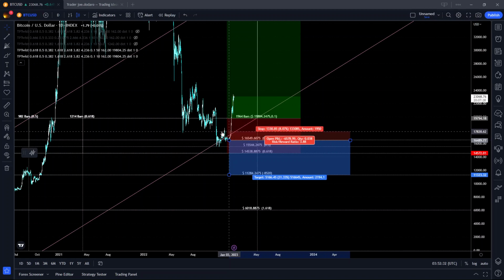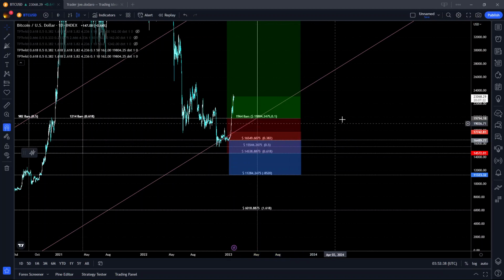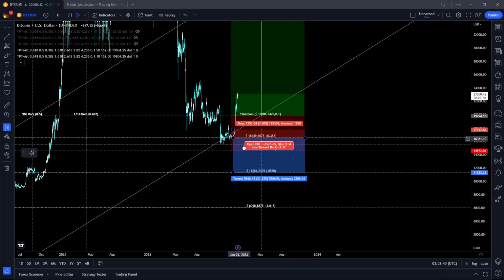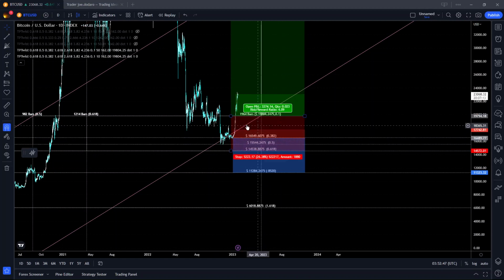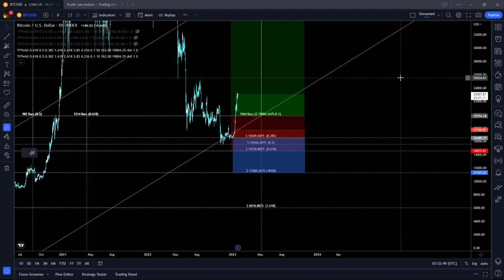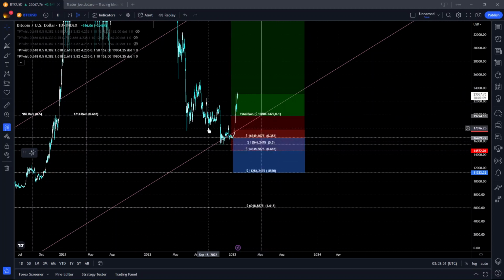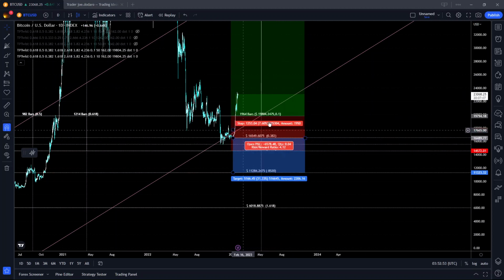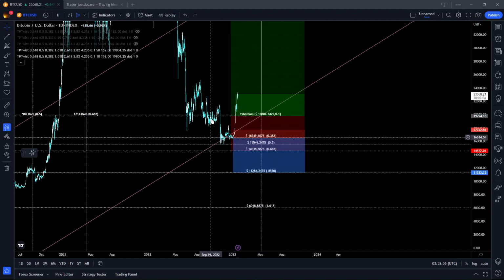Close enough. 4.1. Okay, something like that. So if we broke below here, you'd be shorting below 16.5 and you'd be longing above it, or above the horizontal angle as time passes, or the diagonal angle as time passes in the horizontal line.